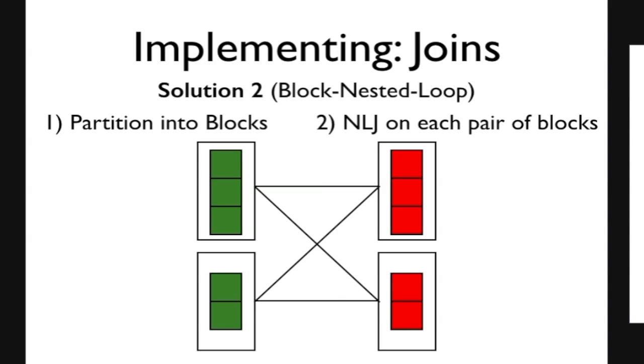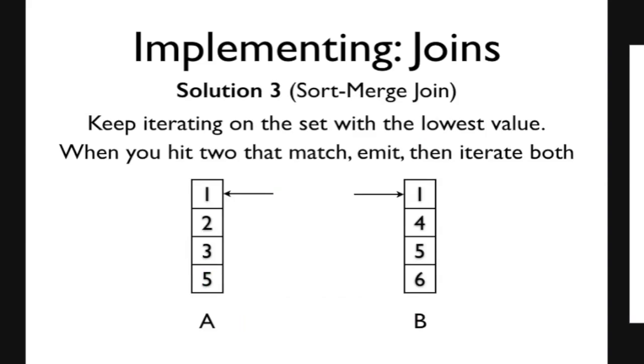And by doing a little bit of organizational work before you actually perform the join itself, you could make the join run faster. Now, what I skipped over last class was one particular way of doing this, which is typically called a sort merge join.